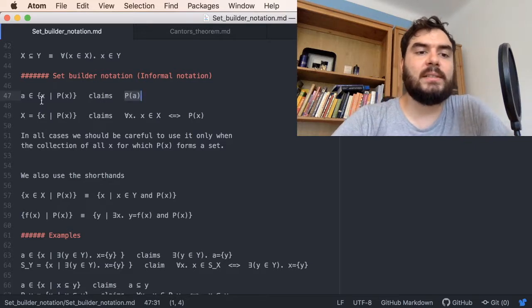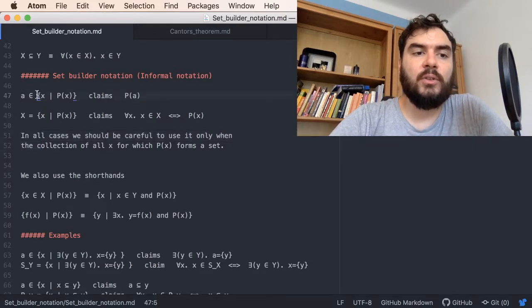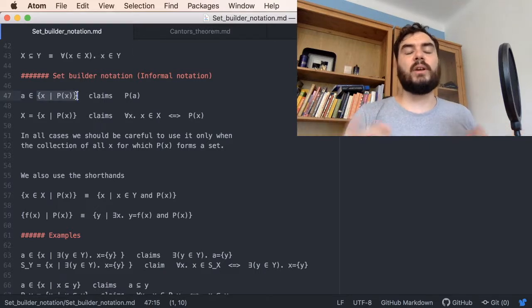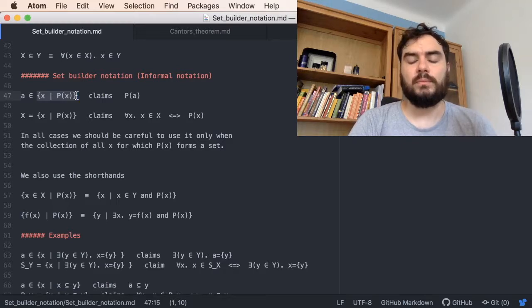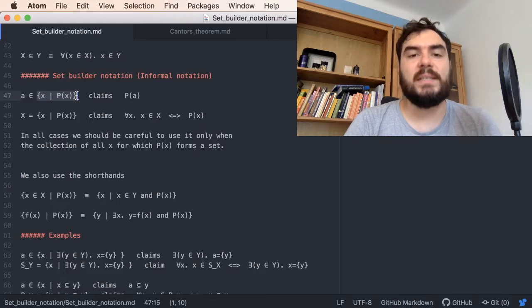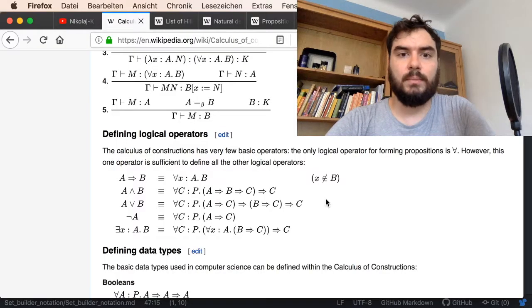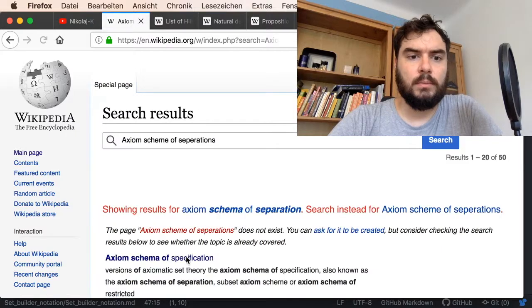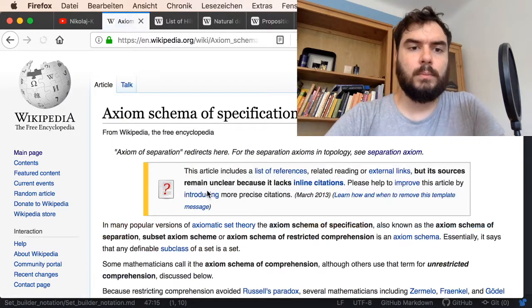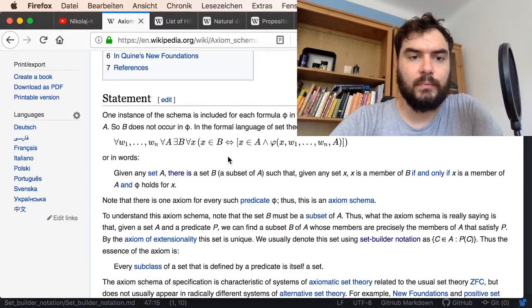What I want to emphasize is that not everything you can write down can actually be proven to be a set, right? You have then the axioms of specification and separation, the axiom of separation, that are in terms of a predicate and tell you something about existence.